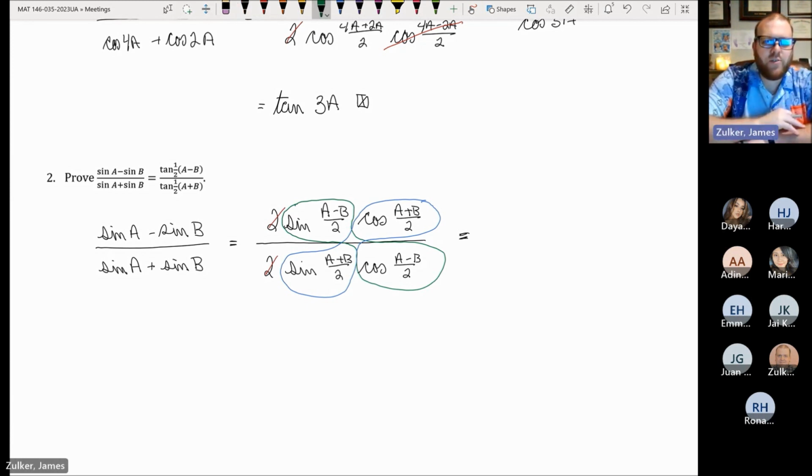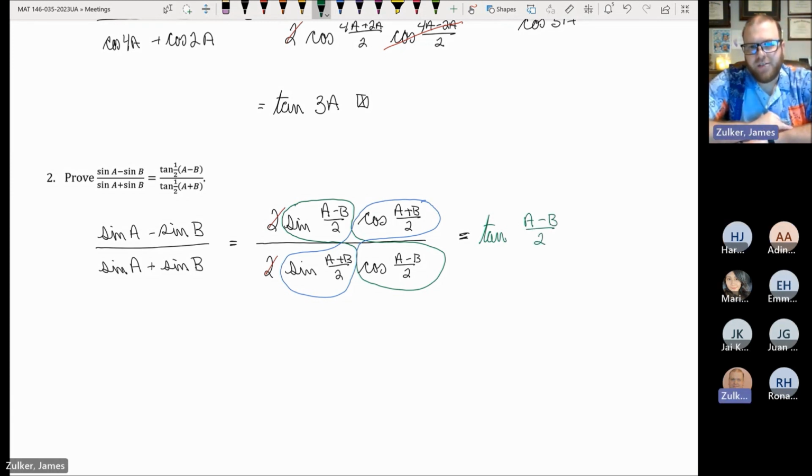So what's circled in green? It's tangent, right? It's sine over cosine. And then what's circled in blue? Right, cosine over sine is the cotangent.